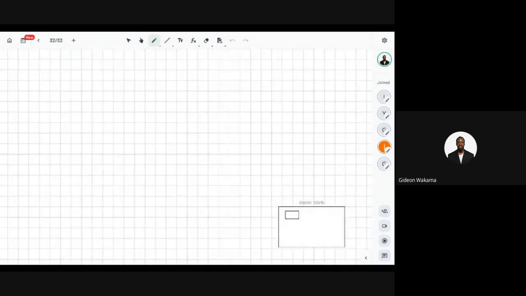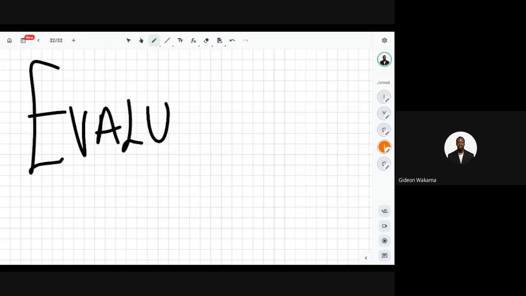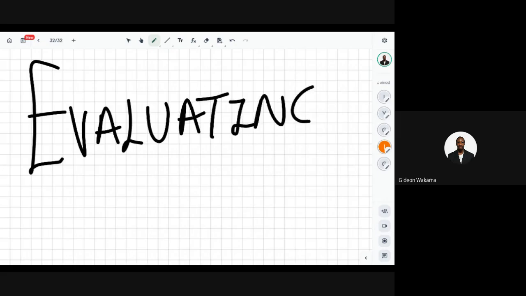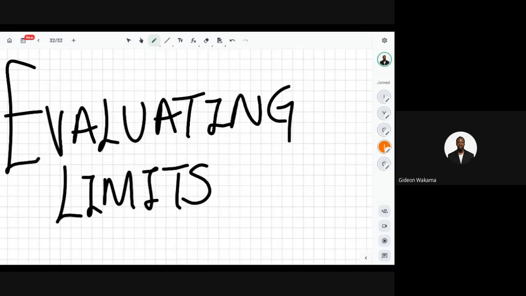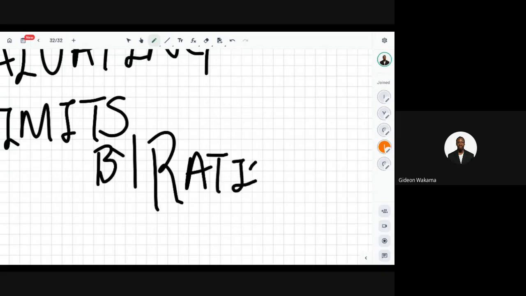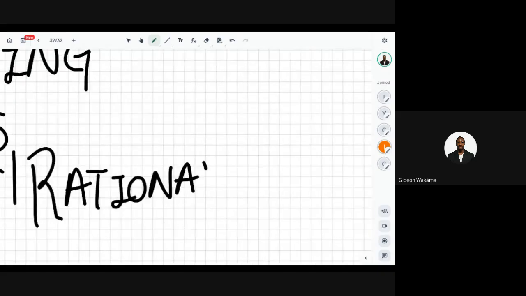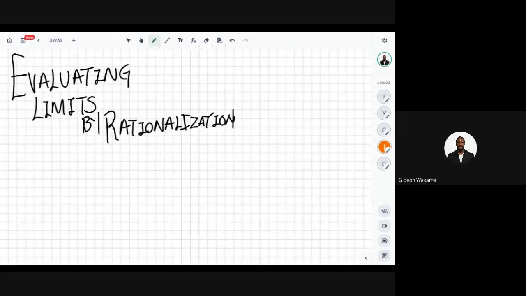Evaluating limits by rationalization. Don't worry, you're getting the good things about limits.